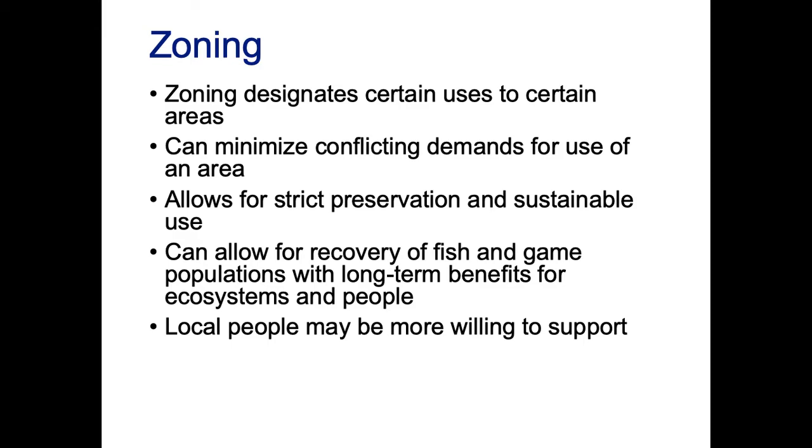It can allow recovery of fish and game populations with long-term benefits for ecosystems and people, and the local people may be more willing to support because their sustainable use of the area is incorporated into some of the zones. So if any of you are hunters or fishers, you might be allowed to fish or hunt in certain areas but not in others. And that is to balance these conflicting demands on an area.